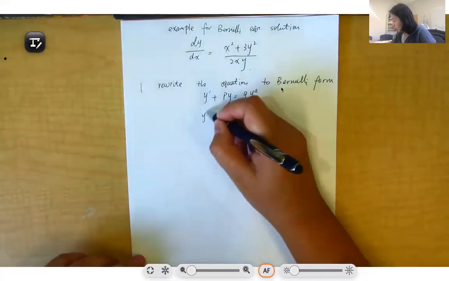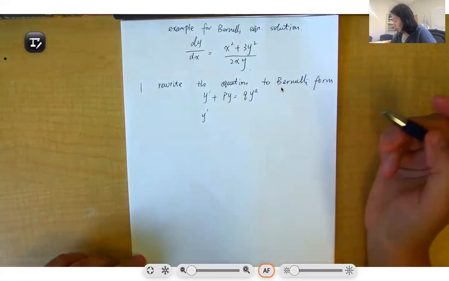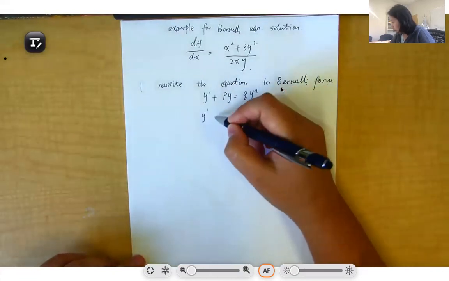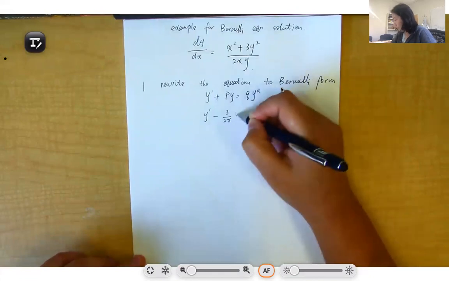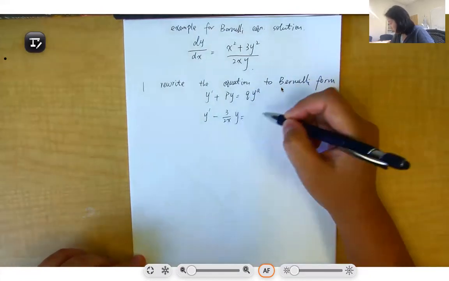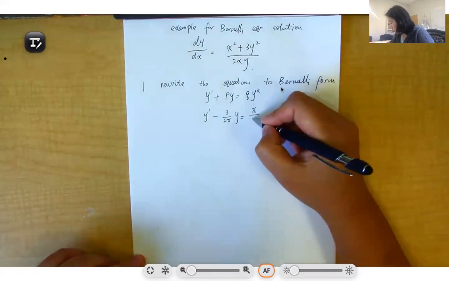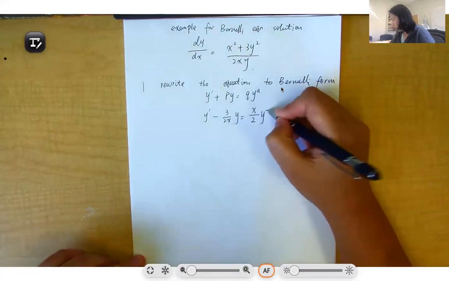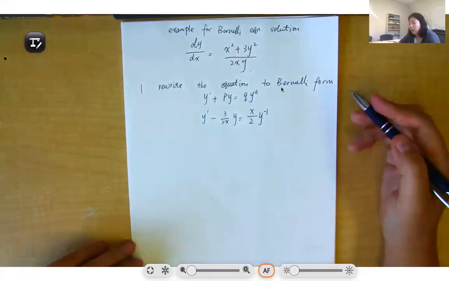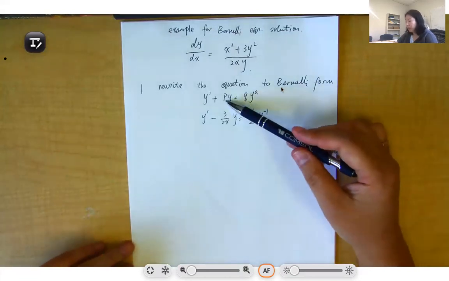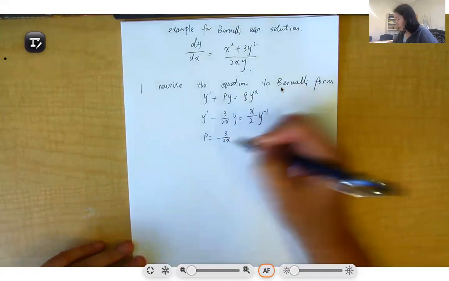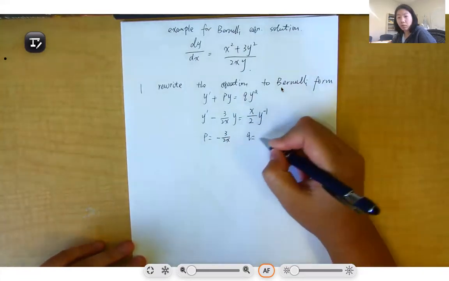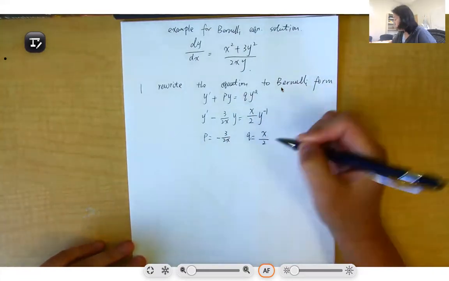y prime minus 3 over 2x y equals x divided by 2 y to the minus 1. Okay, so we know that p will be equal to minus 3 over 2x, and q is equal to x over 2.